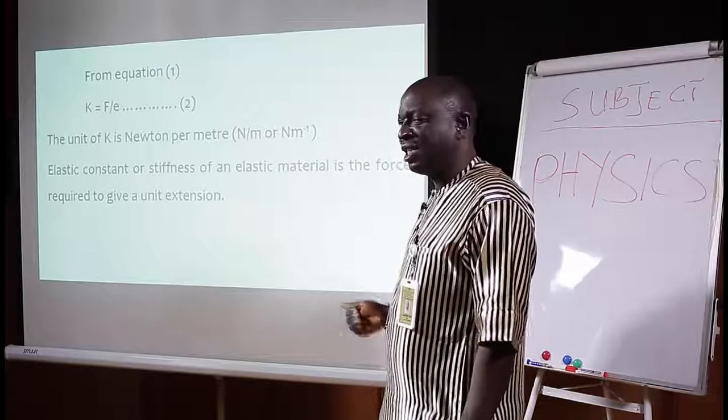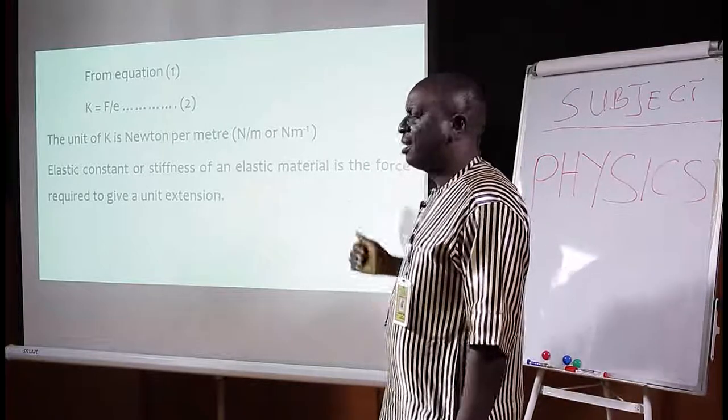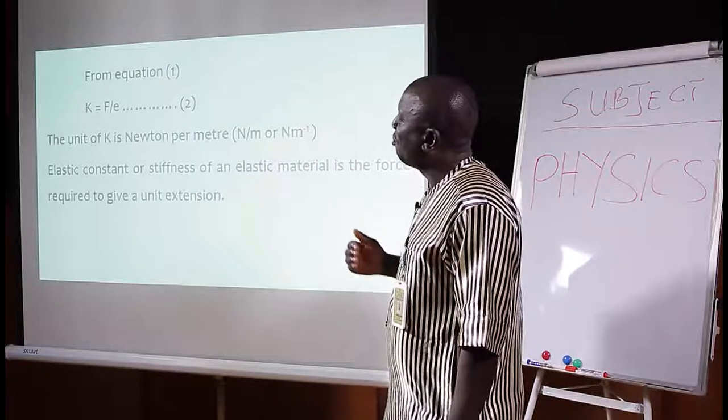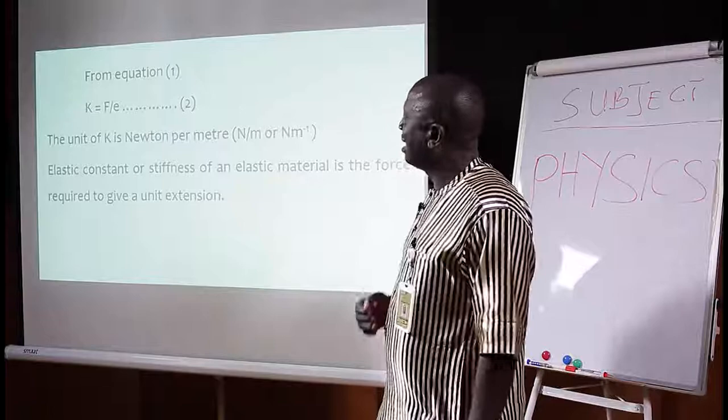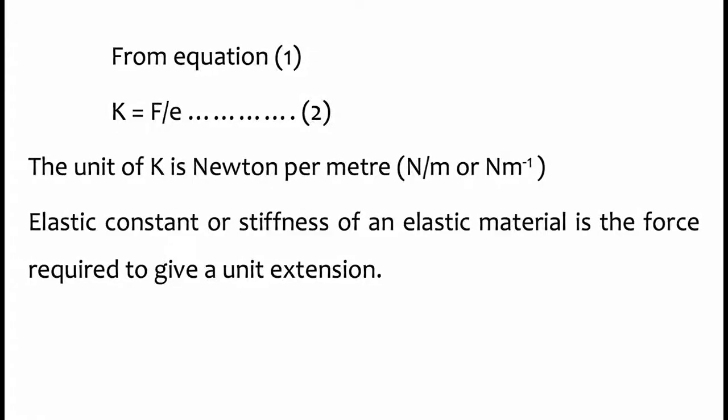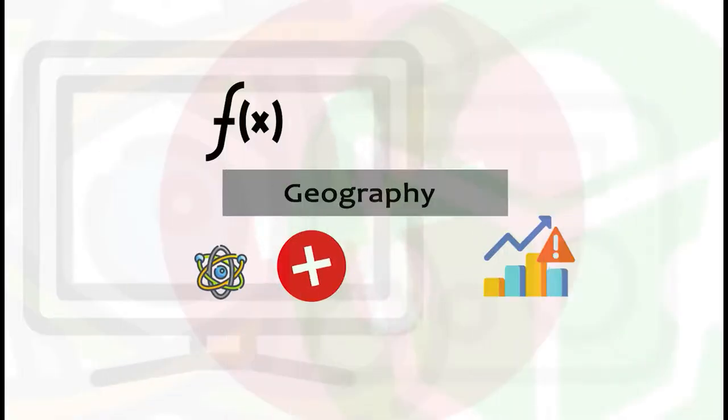Force is in Newton, extension in meter. Automatically, that gives the unit of our constant K as Newton per meter. Elastic constant or stiffness of an elastic material is the force required to give a unit extension.